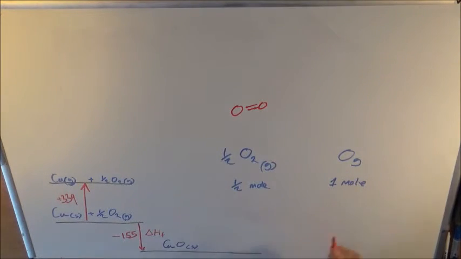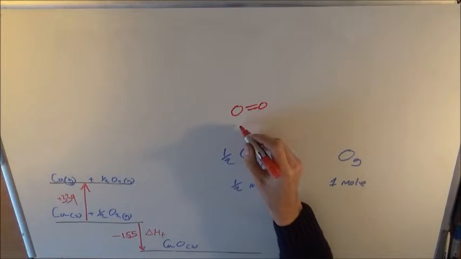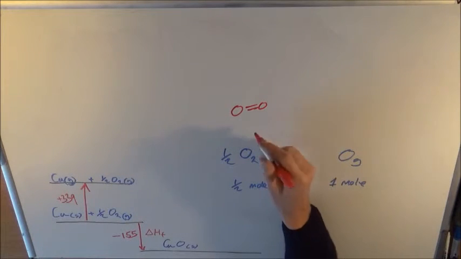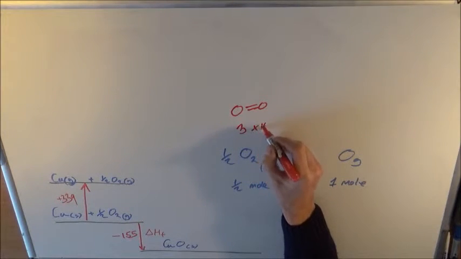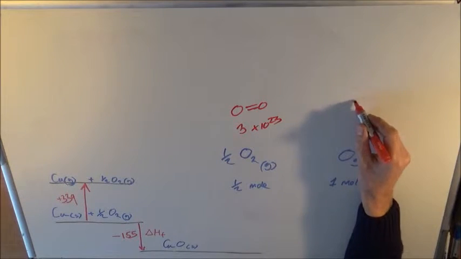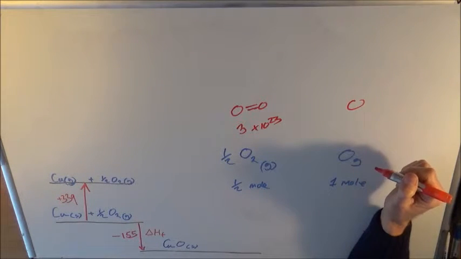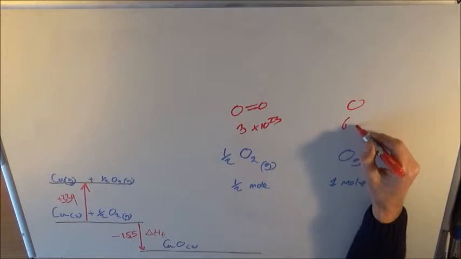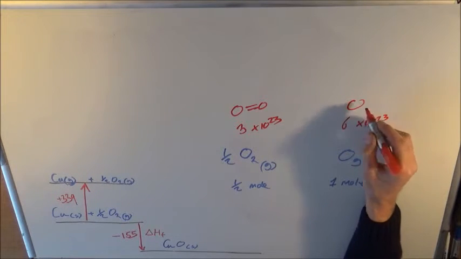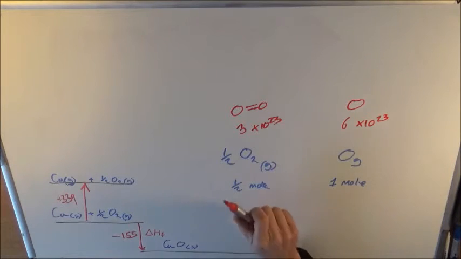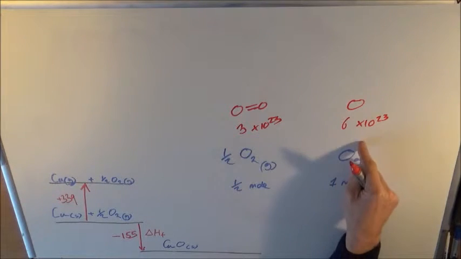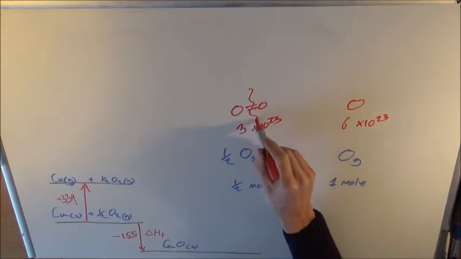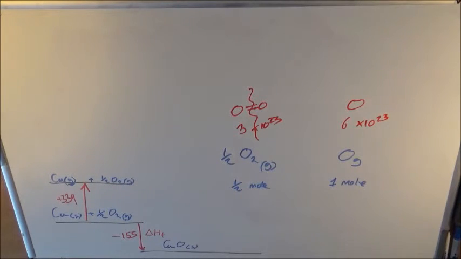Imagine you've got half a mole of those. Well, 1 mole will be 6 times 10 to the 23, so it would be 3 times 10 to the 23 of those. And 1 mole of these will be 6 times 10 to the 23. So if I had a mole of these, I would get twice as many of these. So really, I've got 3 times 10 to the 23 of those. That's the same as 6 times 10 to the 23 oxygen atoms. I hope that's clear.